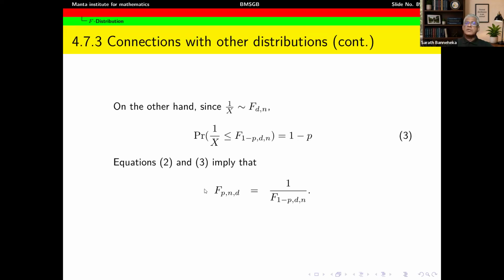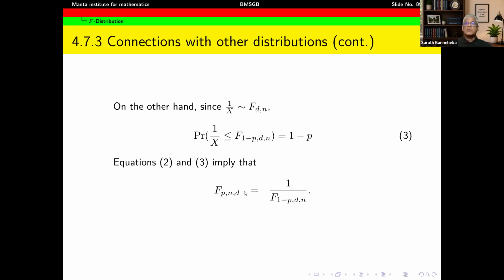This relationship was very, very useful in earlier days when we didn't have computers to find out quantiles. And in those days, we were using statistical tables containing F distributions. And because there are so many F distributions changing with N and D, there were tables only for some P values, for small P values.